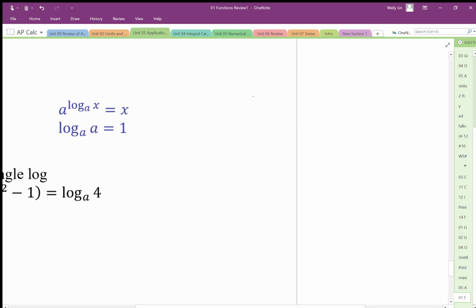So if I have log a to the power m of x to the power m, let's say that's equal to y.